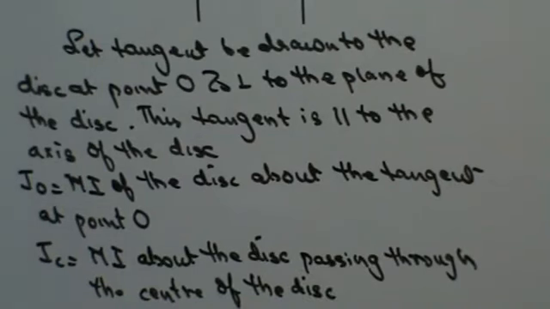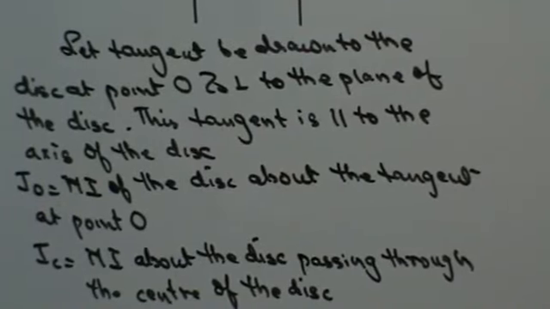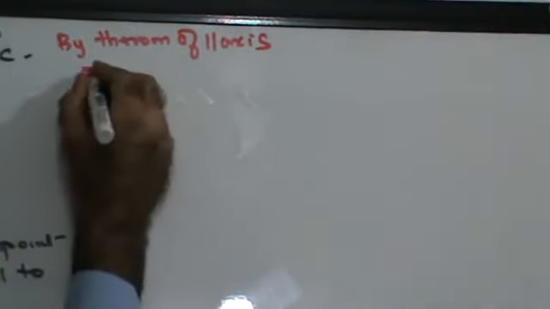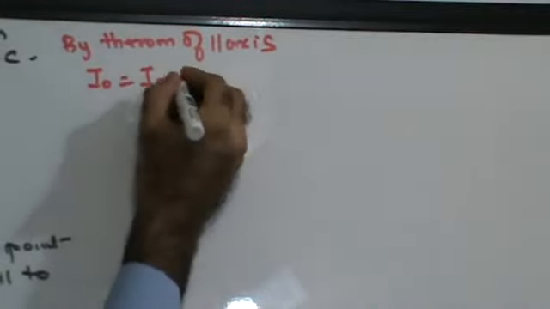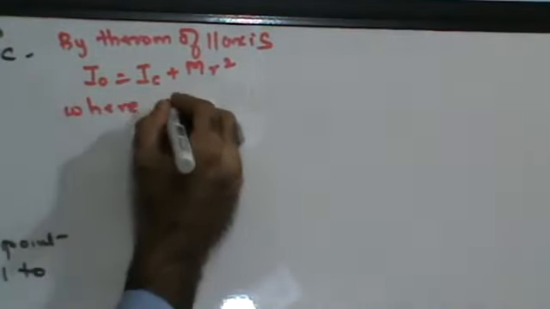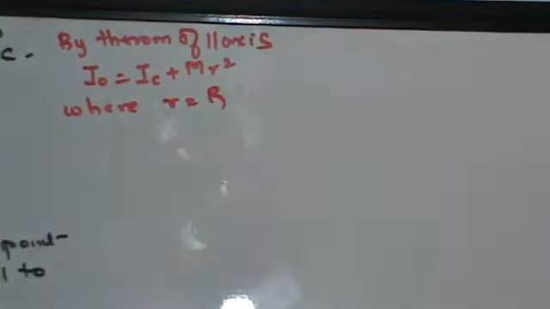In that case, by theorem of parallel axis, I can say that IO is equal to IC plus MR square, where R is the radius of the disk.